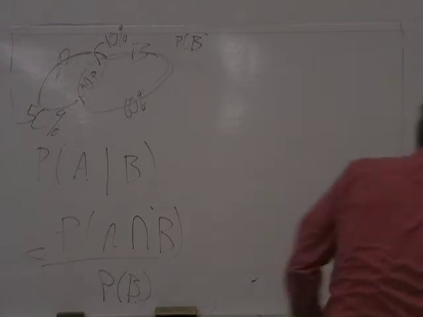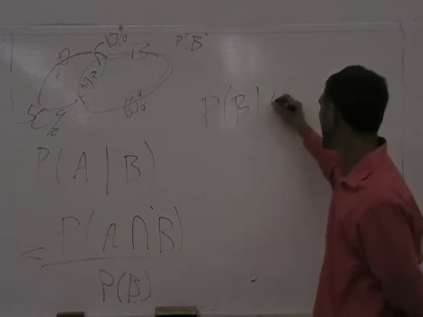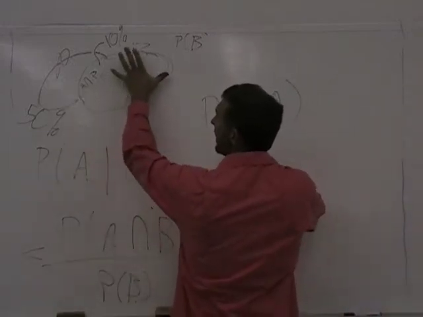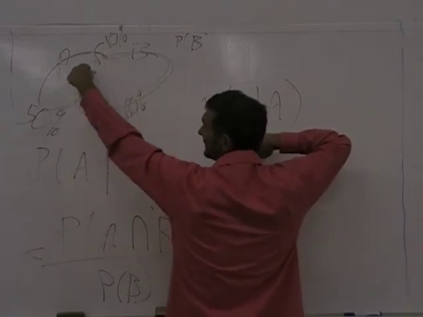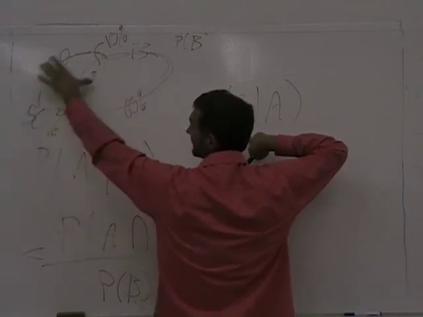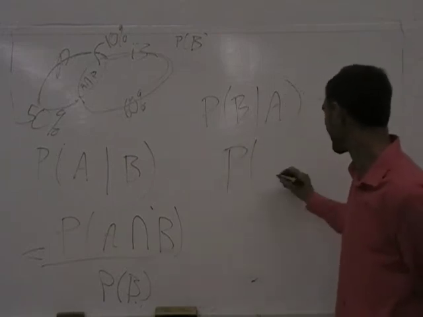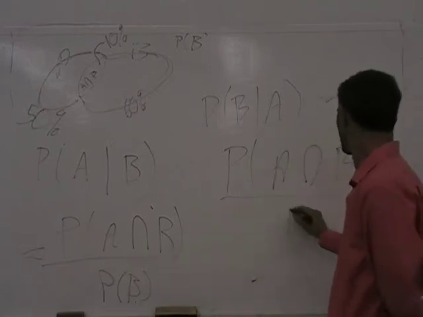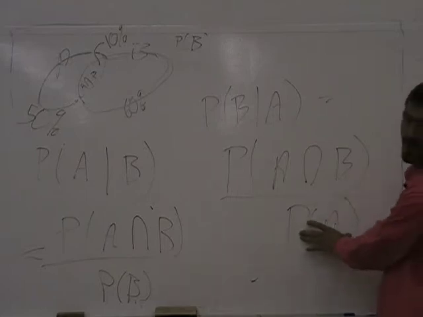So we'll do the probability of B given A. That's the probability of B within the context of A. So it's the intersection, A intersect B, divided by the probability of A. So the probability of the intersection in the context of a smaller space. So you get it.